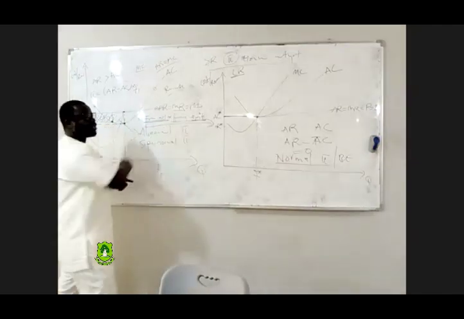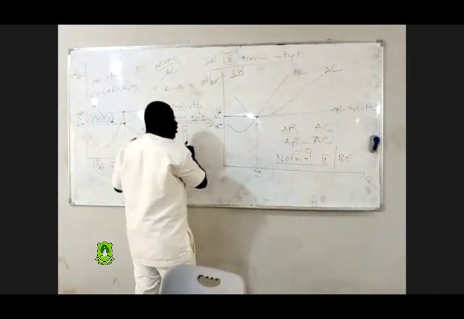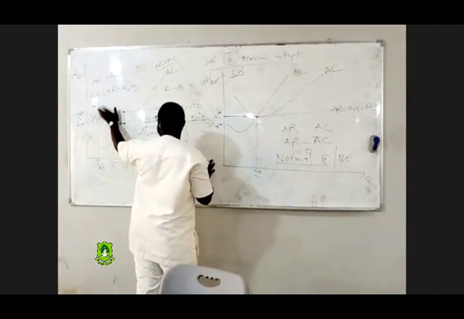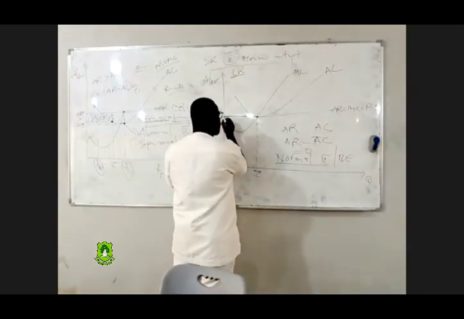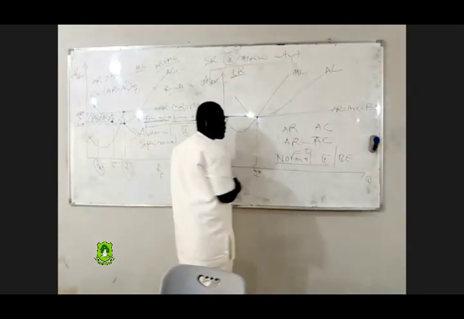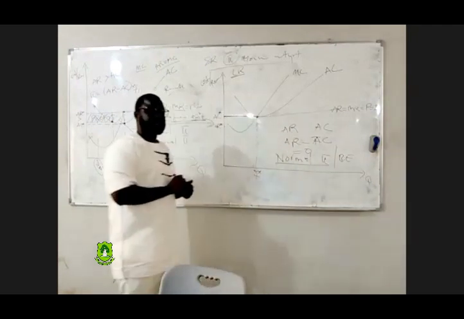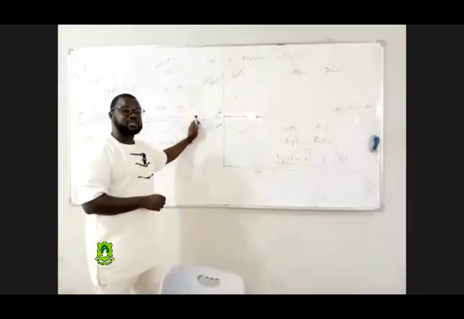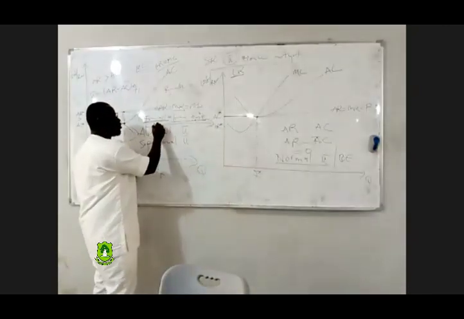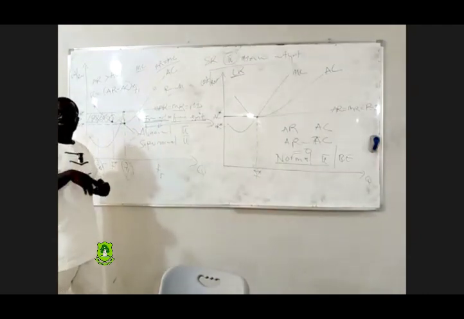So in the long run, all those who entered the market have competed away all the profit, leaving only the normal profit or break even for those who remain. The exit comes when people are making losses, and the entry comes when people are making profit.